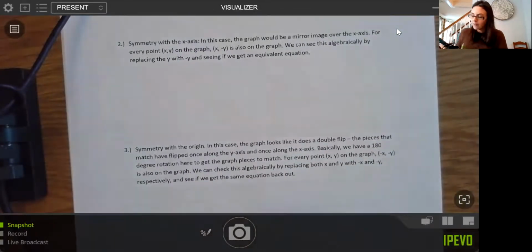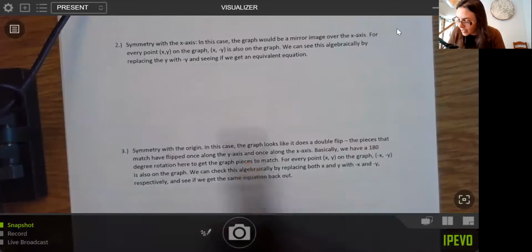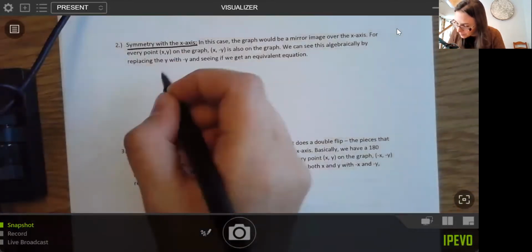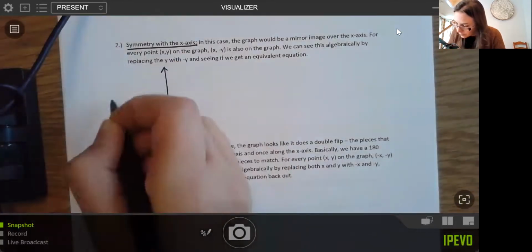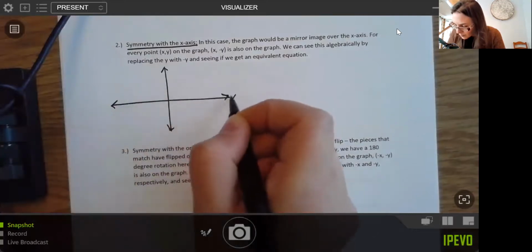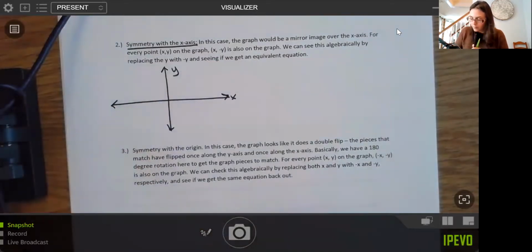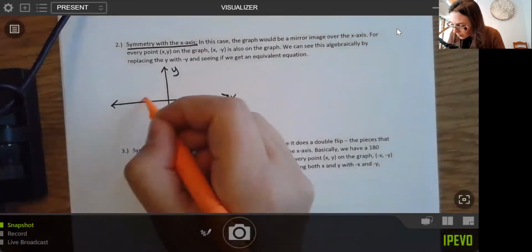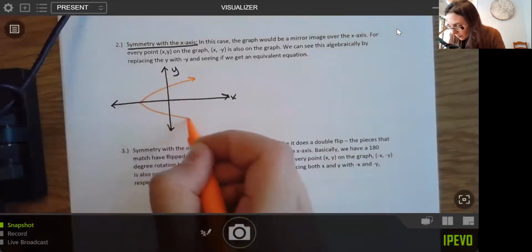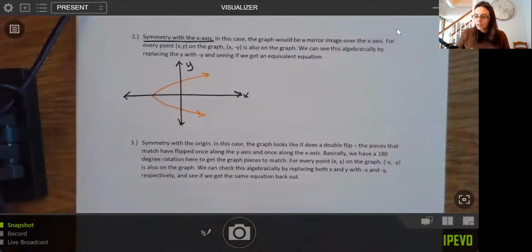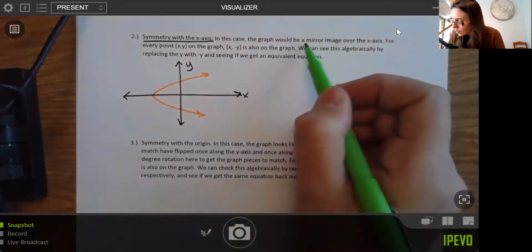Another type that we see often is something that is symmetric with the x-axis. Okay, so something like this. So you can see that you have a mirror image over the x-axis.